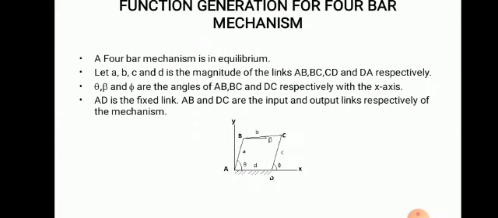AD is the fixed link, AB and DC are the input and output links respectively of the mechanism, and BC is the coupler link.